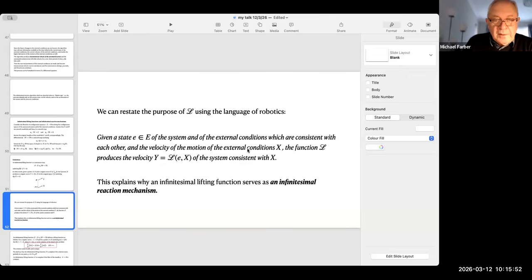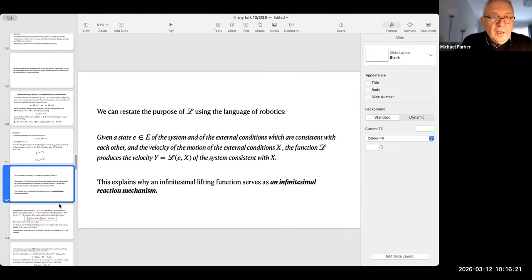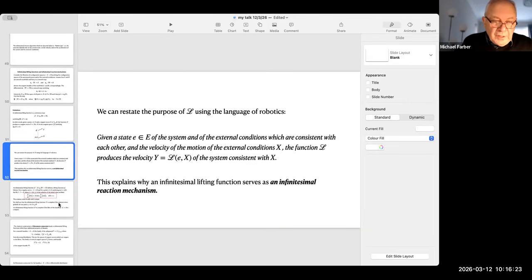I mean, we speak of velocity of the motion and so on. So the function, this curly L, produces the velocity of this autonomous system, which is consistent with X, with the motion of external conditions. We also call this an infinitesimal reaction mechanism. So it reacts on the velocity of change of external conditions, and its reaction is infinitesimal.